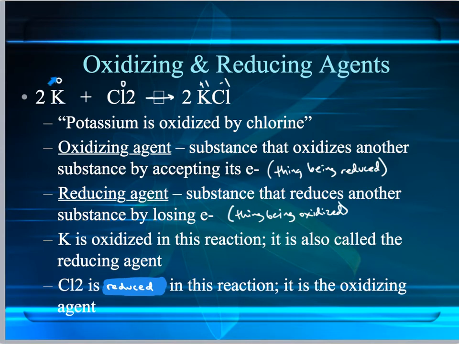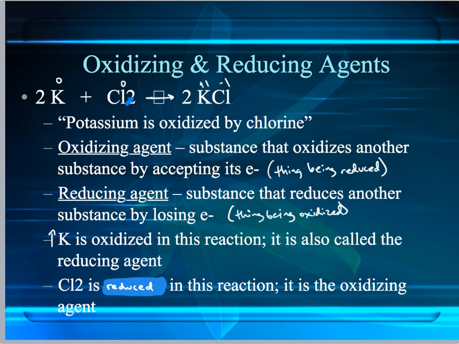Well, in a moment here when we see the rules, it's going to go from 0 to +1. Its oxidation number went up, right? So it went from 0 to +1, so it got oxidized. We also call it a reducing agent. It's the thing that allowed the chlorine to get reduced. Okay, so potassium is oxidized in this reaction, but we call it the reducing agent.